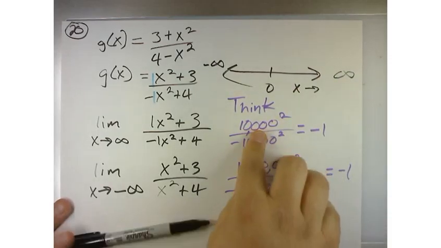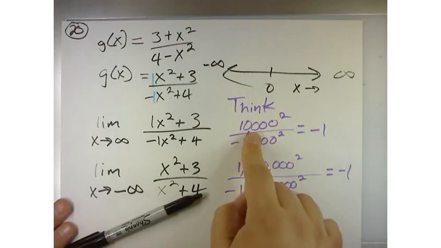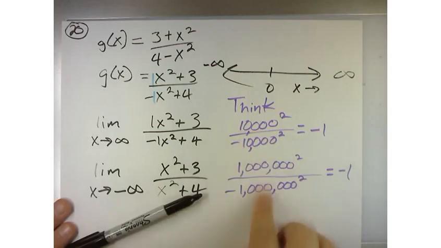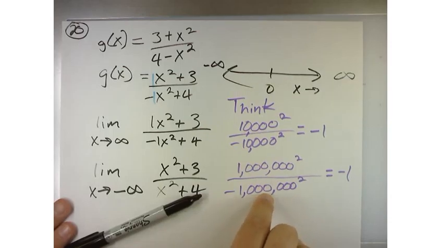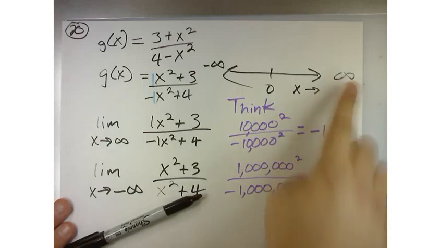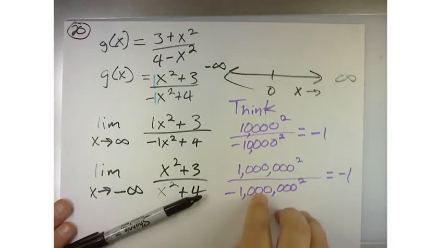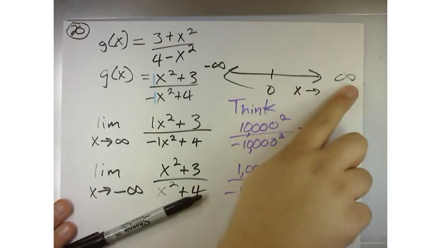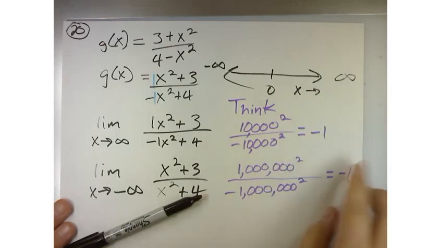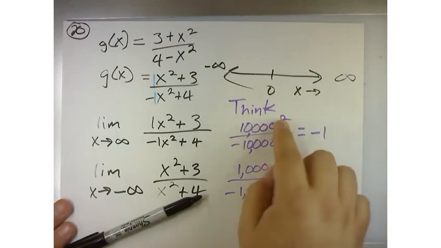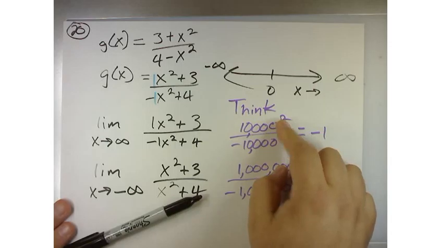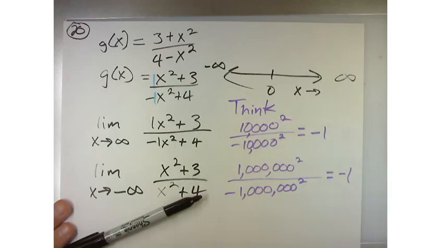So if I go towards infinity, 10,000 isn't quite infinity, but it's in that direction. If I go further in that direction, 1,000,000 isn't quite infinity, but I'm going closer and closer towards infinity. And what we see is a pattern here that no matter how far I go in this direction, it seems like the ratio between the numerator and the denominator will reduce down to close to negative 1.